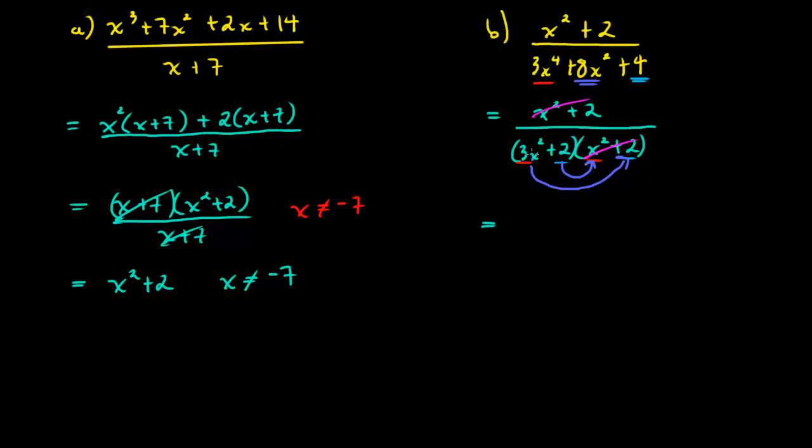And I can also only get a positive value for 3x squared plus 2. So 3x squared plus 2 is always going to be greater than 0, and x squared plus 2 is always going to be greater than 0 as well if I only consider real values for x. So there's actually no restrictions on the variable here. So this just reduces to 1 over 3x squared plus 2.